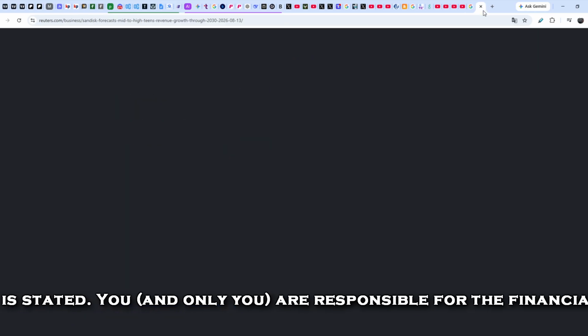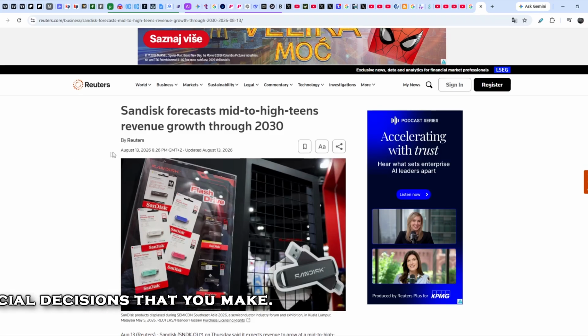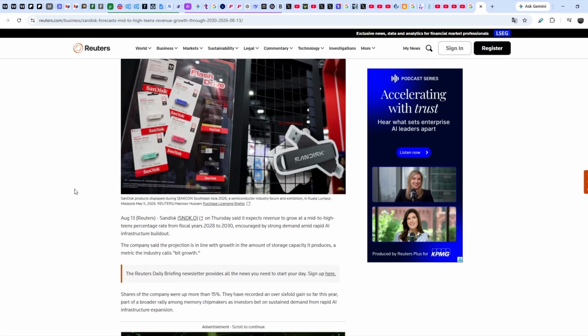Let me pay attention to the news that was published on Reuters just several days ago on August 13, and it's titled Sandisk forecasts mid to high teens revenue growth through 2030. And this is a very good forecast.